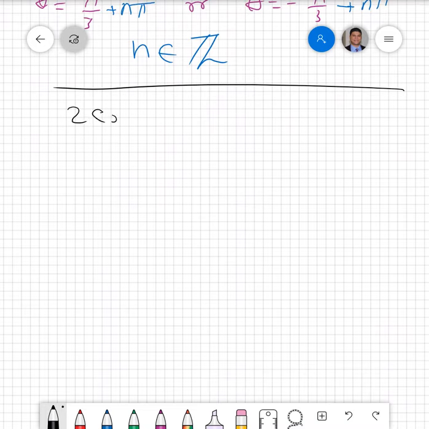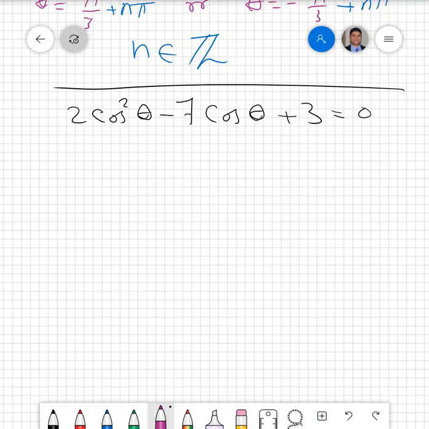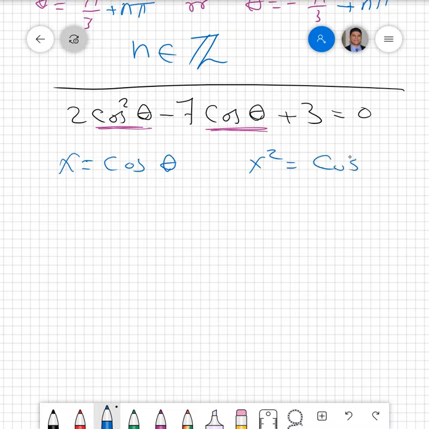two cosine square theta minus 7 cosine theta plus 3 equal to 0. Here we can observe that we have cosine square and here cosine. So if I say that x equal cosine theta, so x square is cosine square theta.